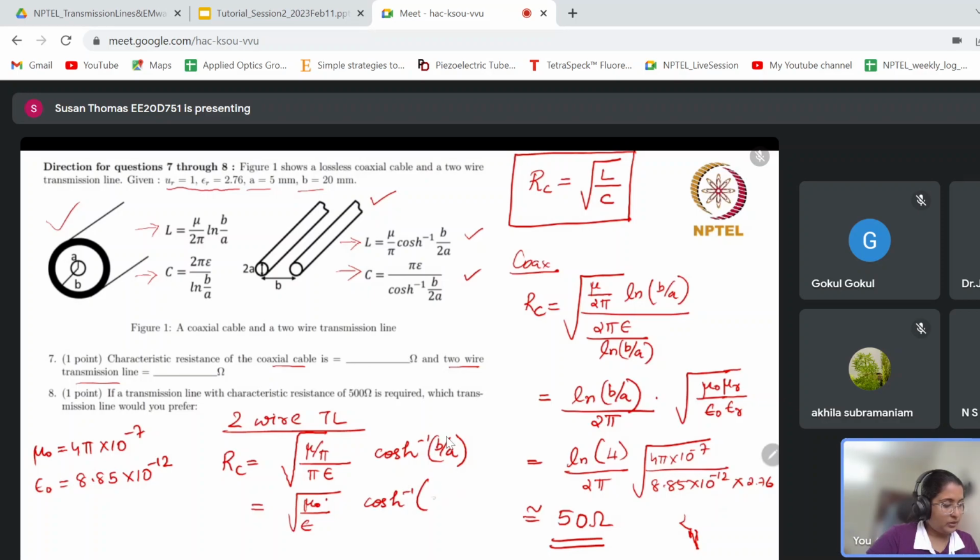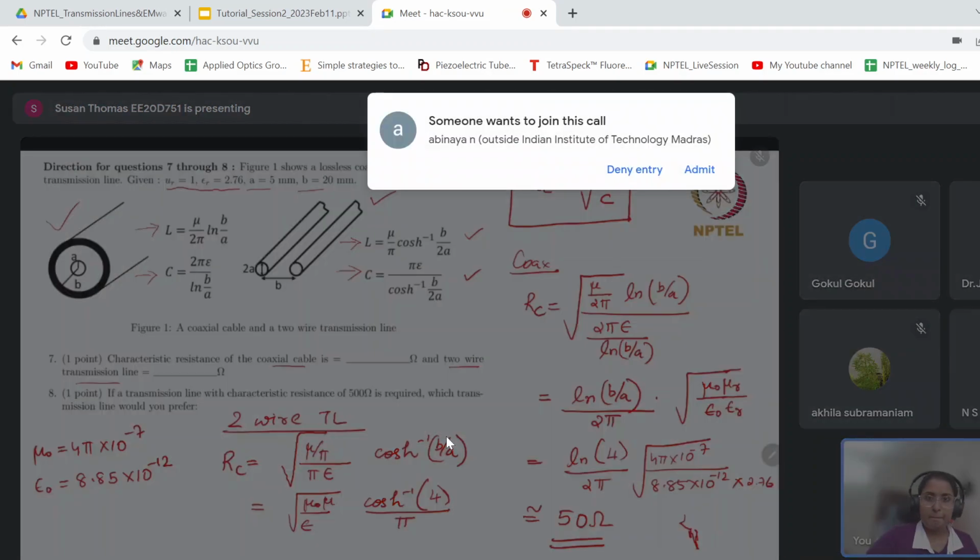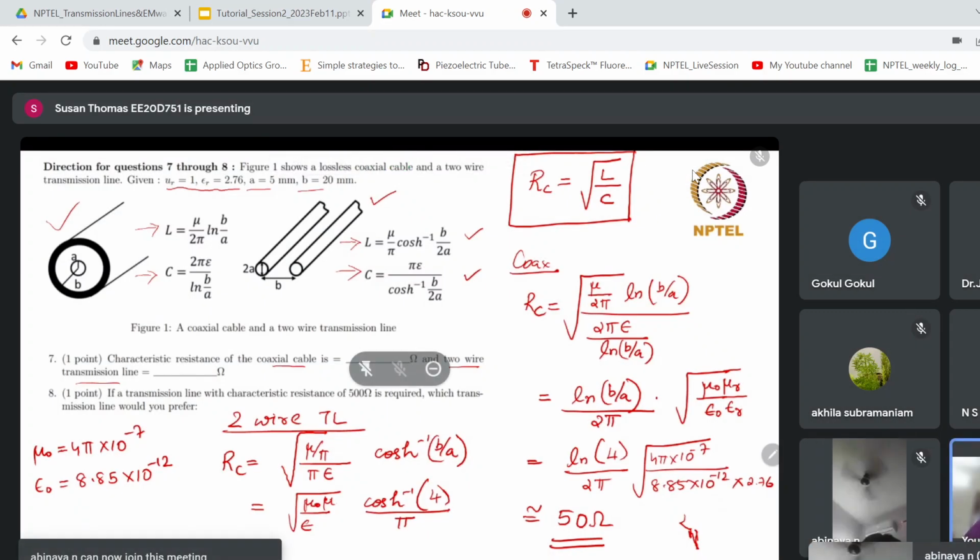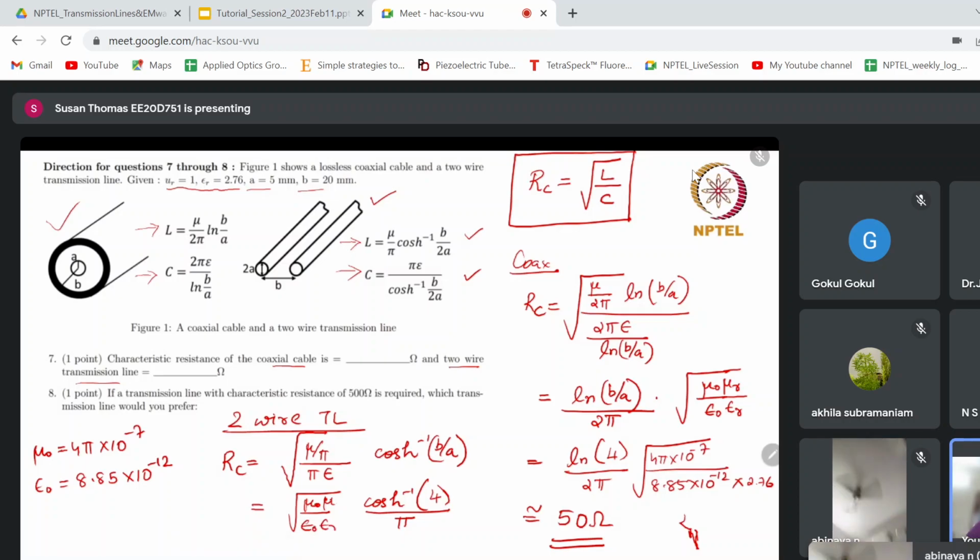So again, b by a becomes 4, and mu is, so this is divided by pi, and epsilon naught epsilon r.